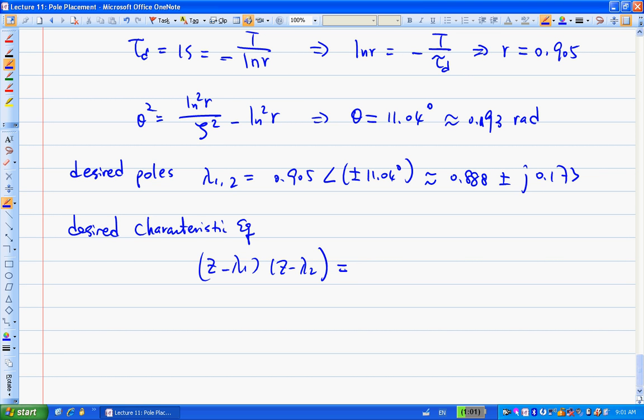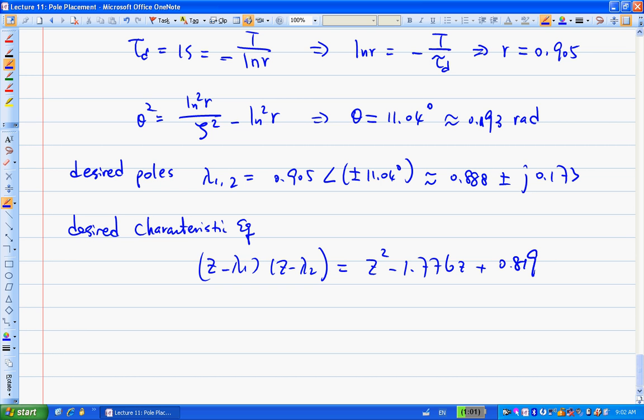We plug lambda 1 and lambda 2 in here. Don't forget the negative signs. So we end up with z squared minus 1.776z plus this. That's your desired characteristic equation now.